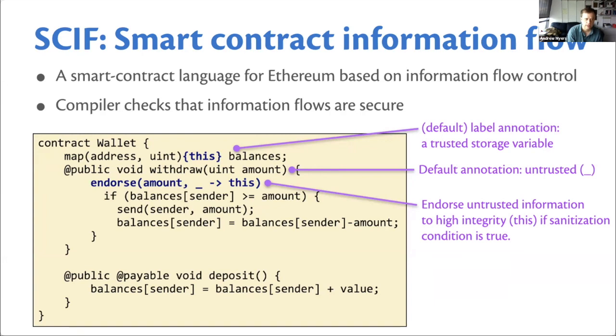So that's what this endorse thing is doing. Endorse is a kind of statement which is functioning as a kind of typecast at the information flow level. And what it's saying is we're going to endorse amount from being something that's really not trusted at all to being trusted by this contract if the if condition holds. So this is what we call a checked endorse.